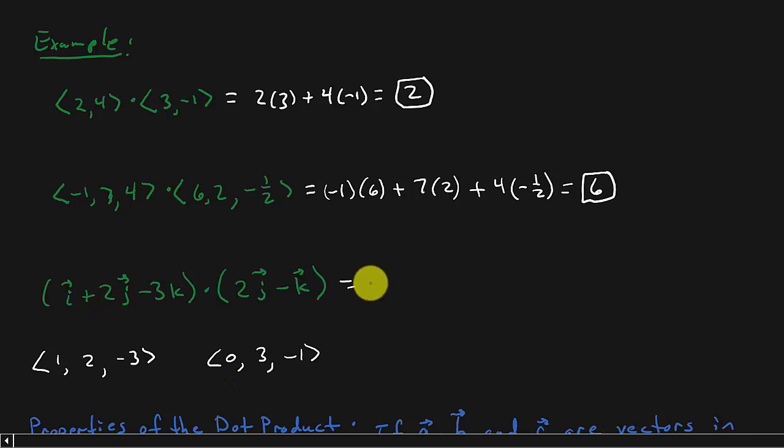So if we multiply, we get 1 times 0, since there's no i term, that's 0, plus 2 times 3, and then plus -3 times -1. And that would give us 7 as an answer.